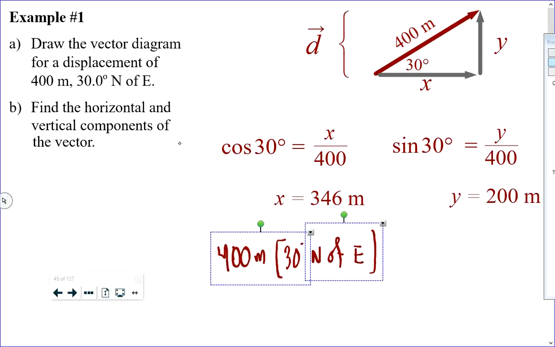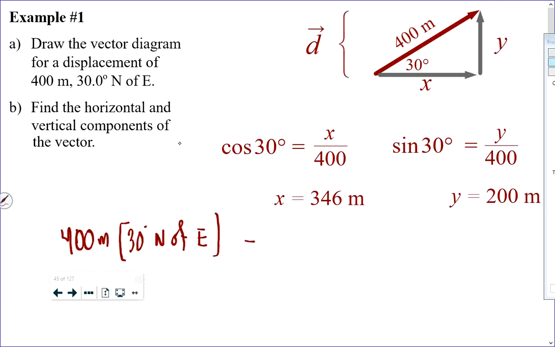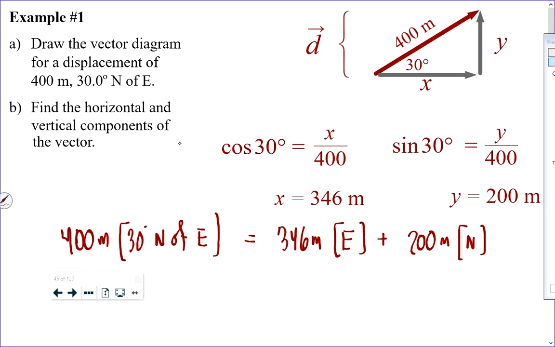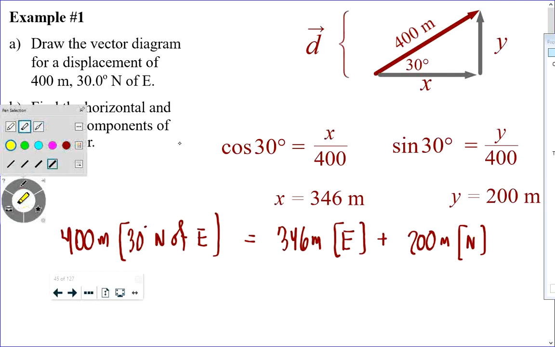is equal to 346 meters east plus 200 meters north. That statement, this statement here, is a fact.